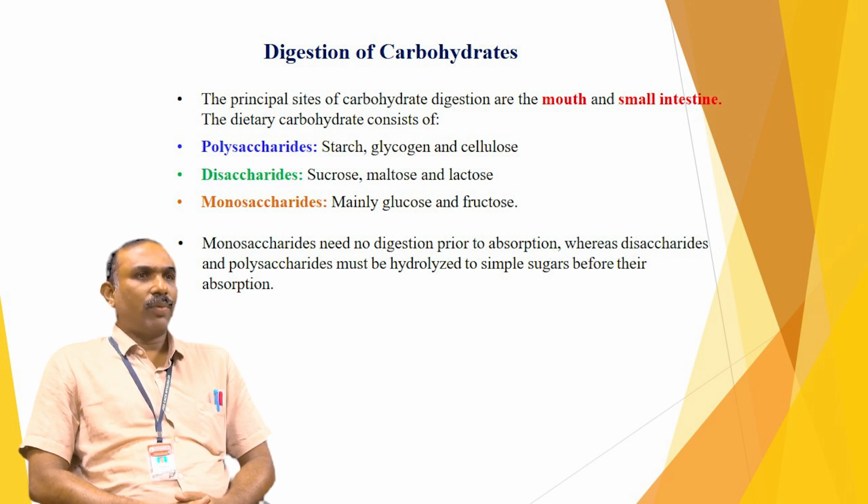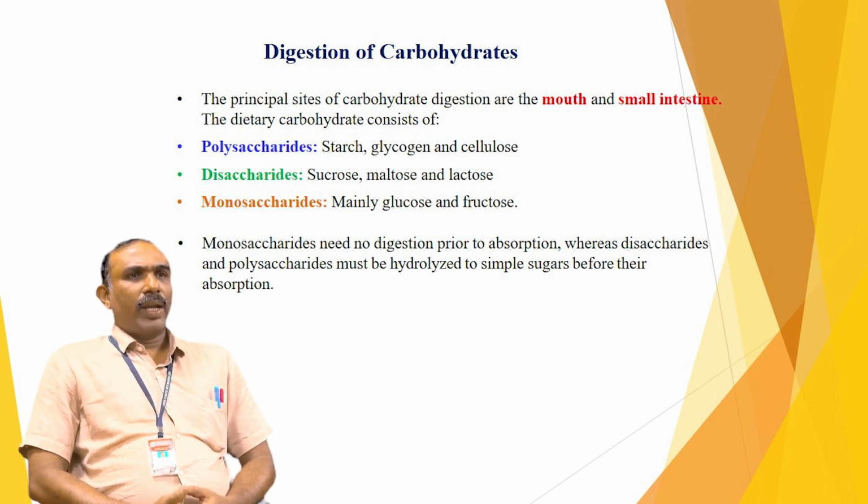Dietary carbohydrates consist mainly of polysaccharides, disaccharides and monosaccharides. Polysaccharides means starch, glycogen and cellulose. Disaccharides include sucrose, maltose, and lactose, and monosaccharides mainly glucose and fructose. These are all the contents in the diet. Monosaccharides need no digestion prior to absorption.